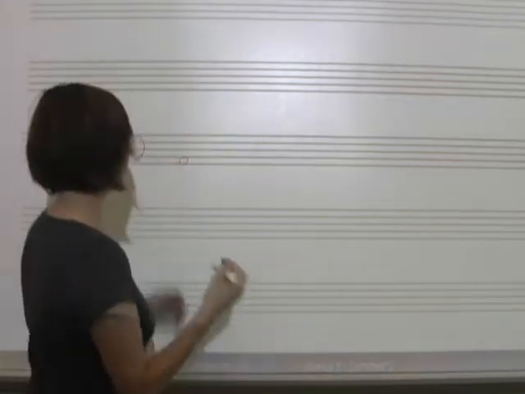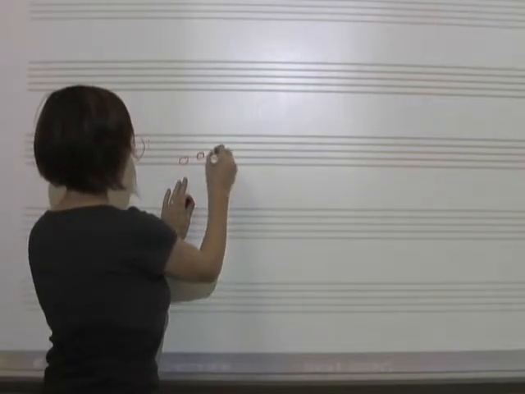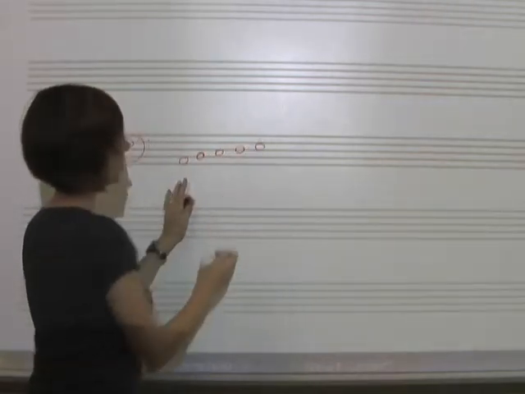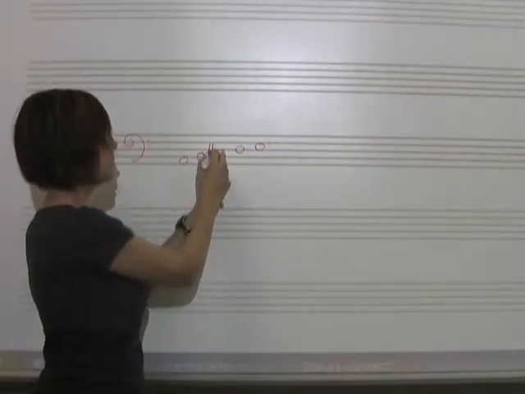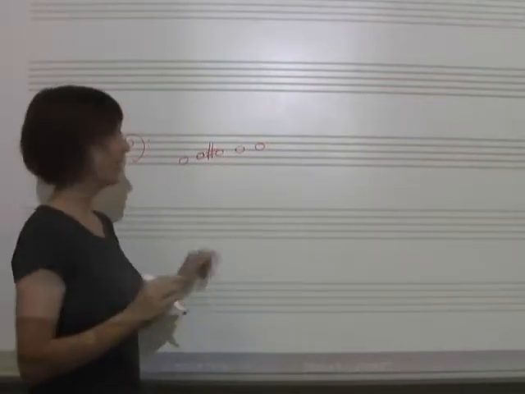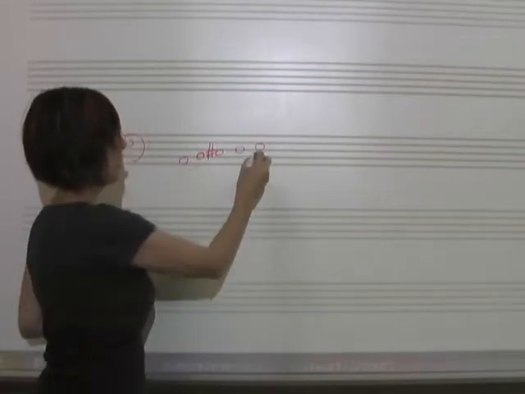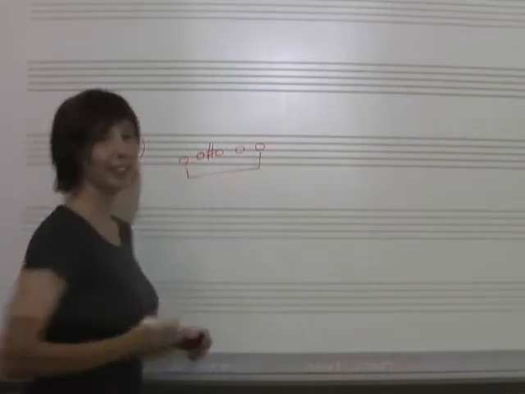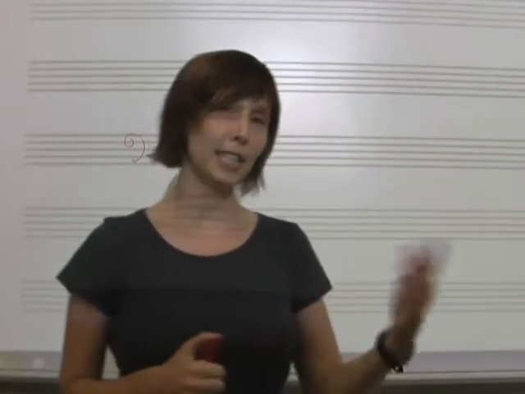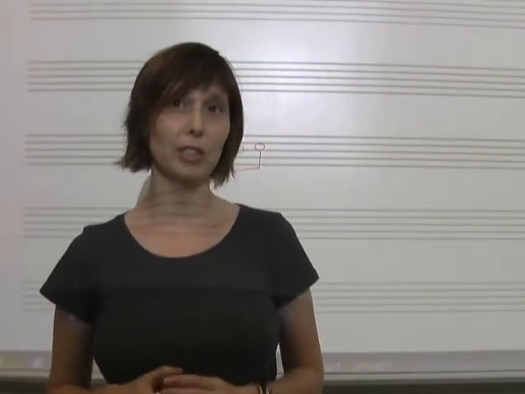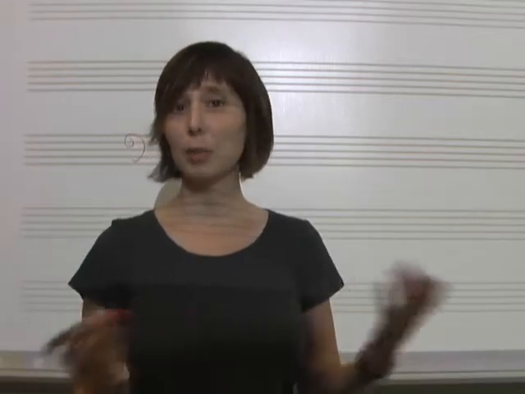So I would go 1, 2, 3, 4, 5, and then I would think whole, whole, half, whole. Okay. E is going to be a perfect fifth above A because E will be the fifth note in the A major scale.